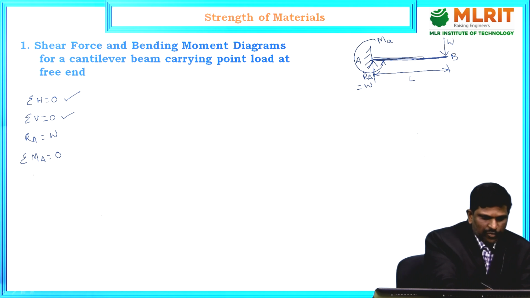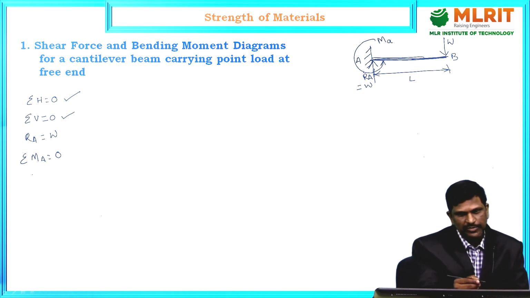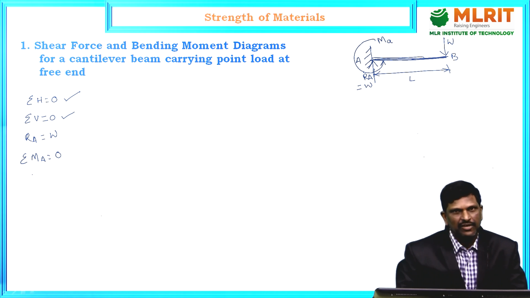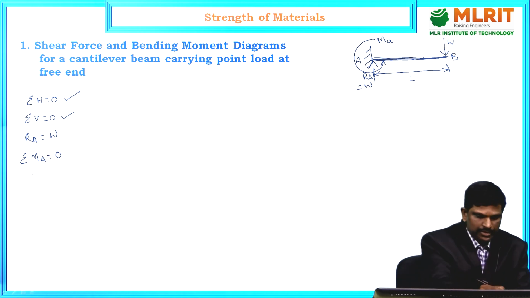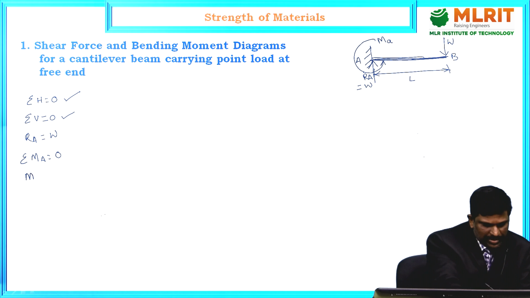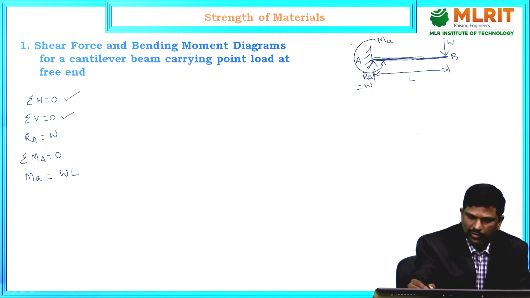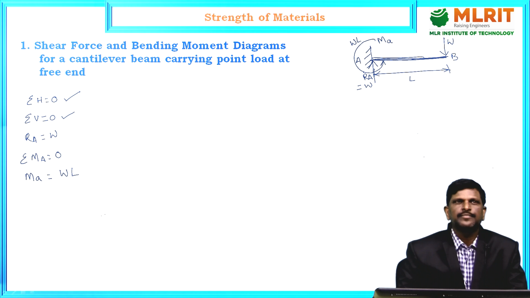The sum of moments about A is equal to 0. That means sum of anti-clockwise moments about A is equal to sum of clockwise moments about A. Therefore, MA is equal to W into L.